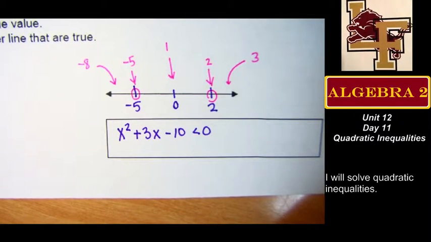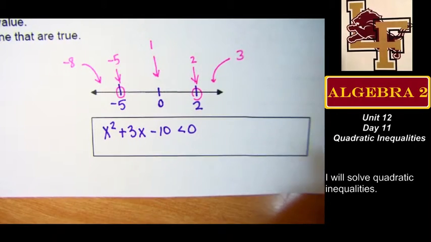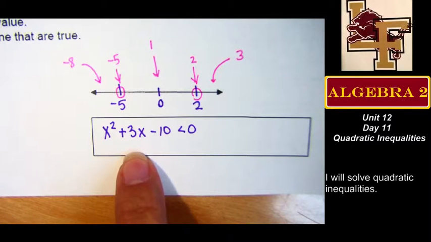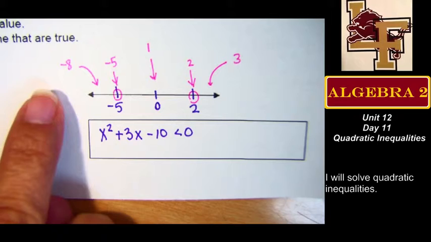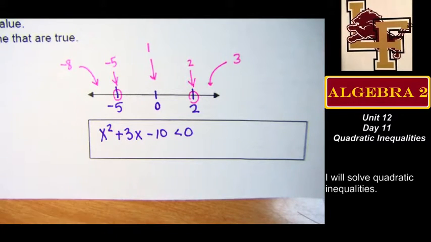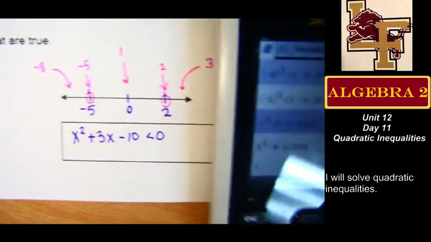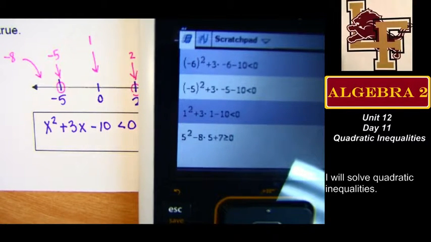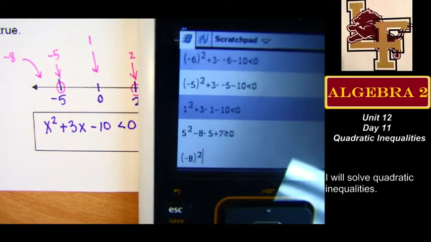Okay, so what I'm going to do is in my calculator, I am going to write this inequality. But instead of the letter x, I'm going to write one of these x values, just one. I'm going to start with -8. Make sure that you put your parentheses.